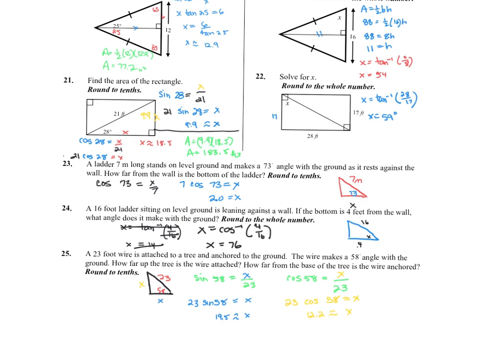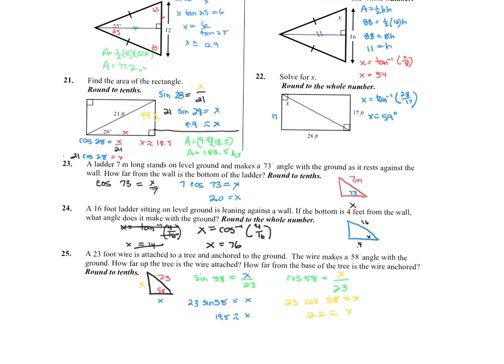So picking up with number 24, we have the unknown angle here, and then we have the adjacent and the hypotenuse. And so that is going to be a cosine, and since we're looking for the angle, that's an inverse cosine of the adjacent 4 over the hypotenuse 16, and it said to round to the whole number, so we're going to have 76 there.